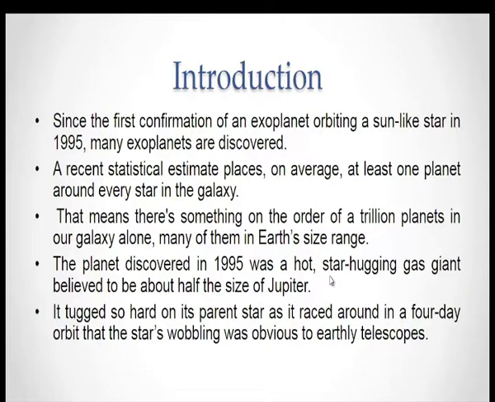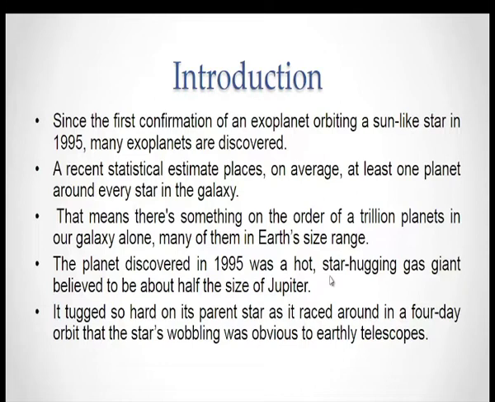If you think about one planet around every star, then it will go to millions of trillions of exoplanets possible in our galaxy alone. That means there is something on the order of 1 trillion planets in our galaxy alone, many of them in the Earth size range.